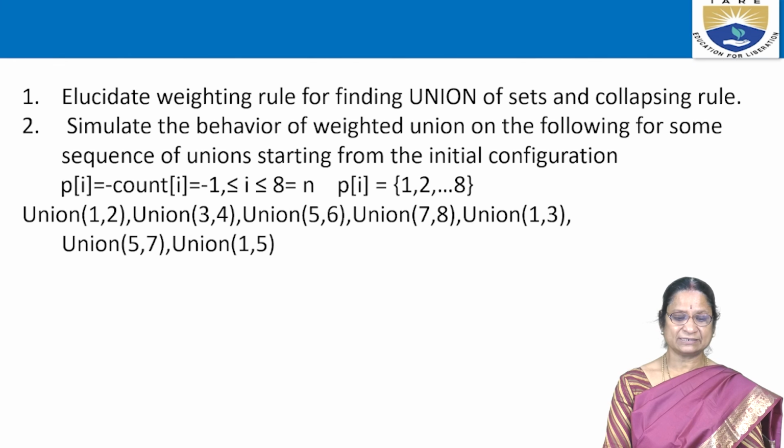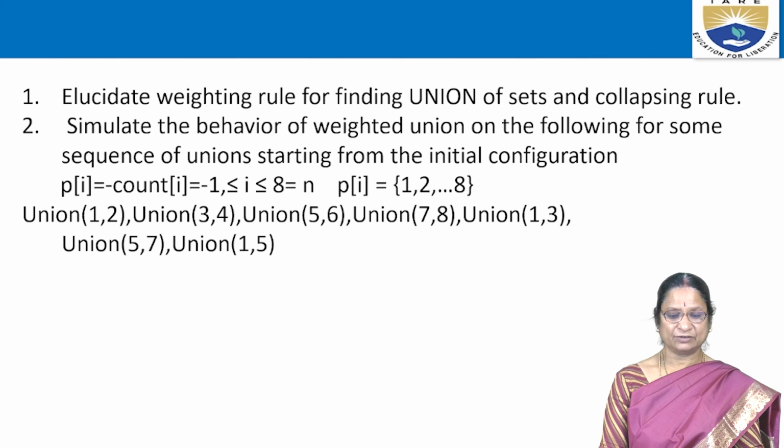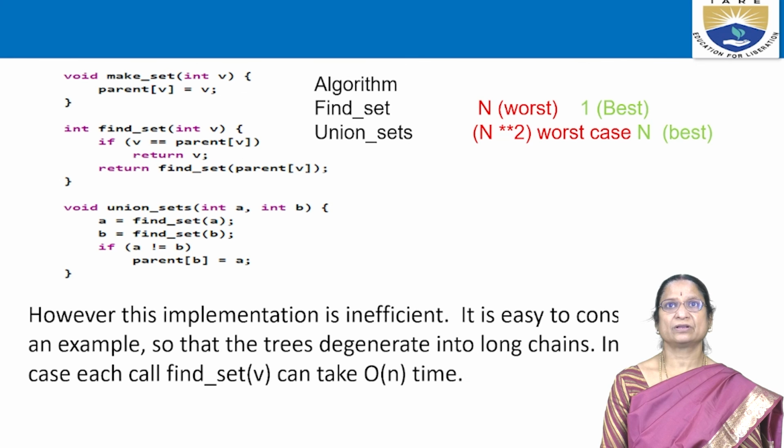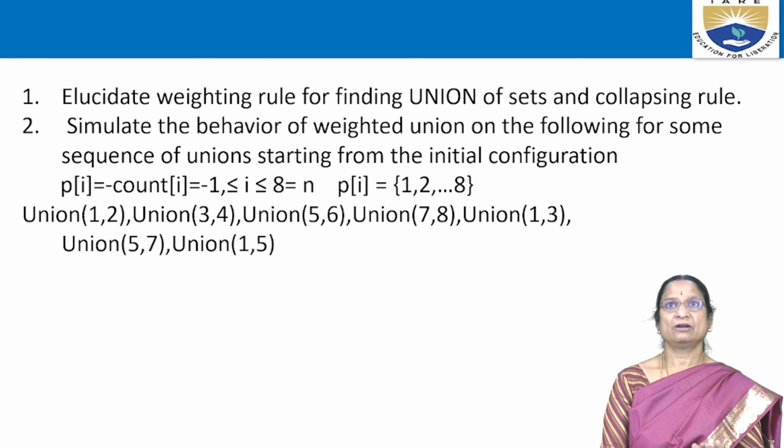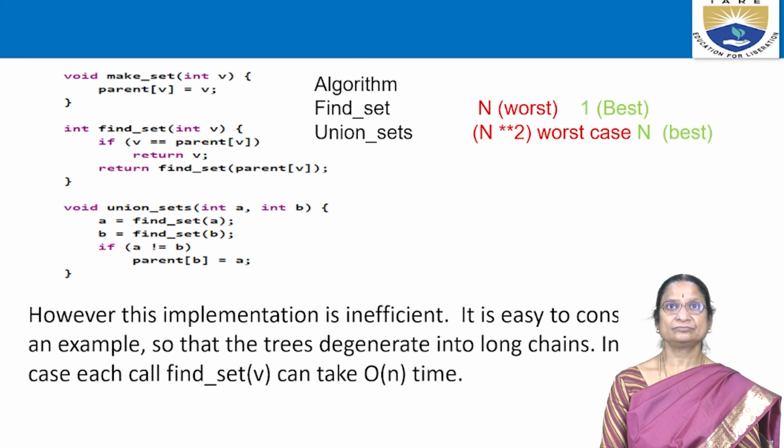So when we use parent of i, it will give the minus count of i, where 1 is less than or equal to i, less than or equal to 8. Then we can perform this. So various algorithms are going to be used by us. We can use our weighted union rule and collapse find rule and solve this problem as an exercise. So these are the algorithms.